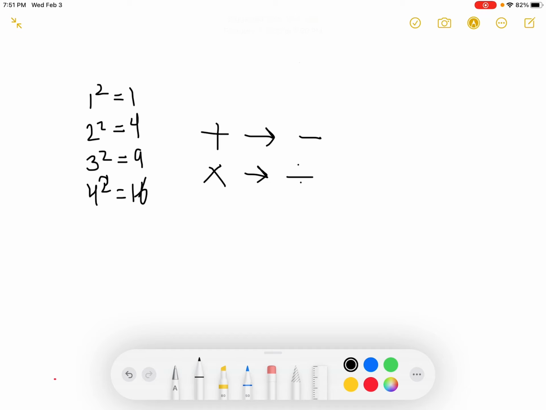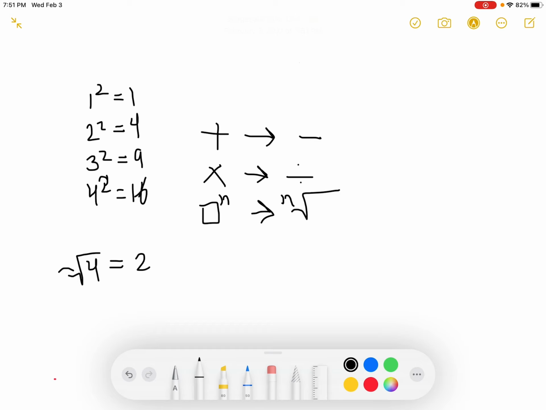What about squares or cubes? Let's just say exponents. So, what is the inverse operation of exponent? Do you remember? It's square root. So that's what's the opposite. So if we do the square root of 4, we get 2.